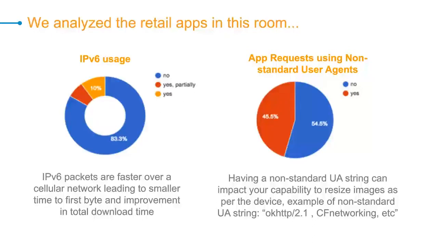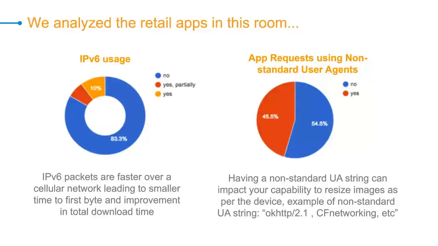What this means is if you are a retail app servicing a US customer base, your app needs to be IPv6 enabled, because IPv6 connections or transactions are faster on a cellular network than on an IPv4 connection. And again, this is a simple checkbox on Akamai. You have access to this today. It's just a matter of turning this on for your API and images traffic.